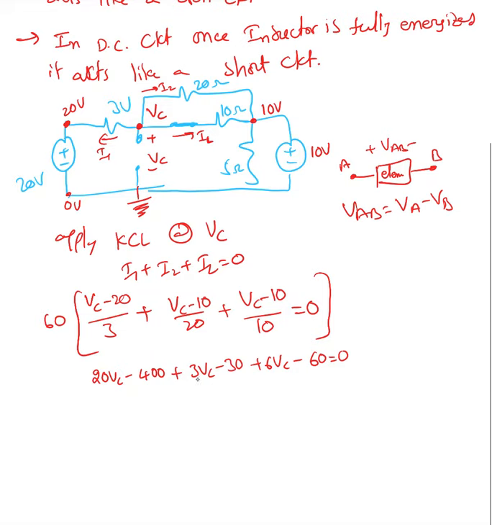So 29 VC equals 490, and VC equals 490 over 29, which is 16.89 volts.